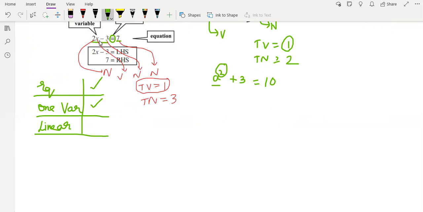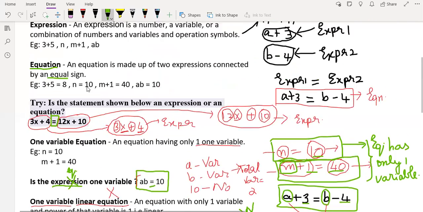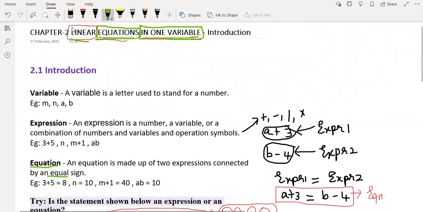So here x power 1 is there, so that is nothing but linear. That is also verified. So we can see that 2x minus 3 equals 7 is nothing but a linear equation in one variable. So that's how the name of this chapter comes, linear equations in one variable.